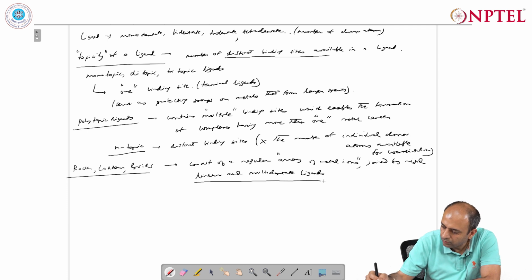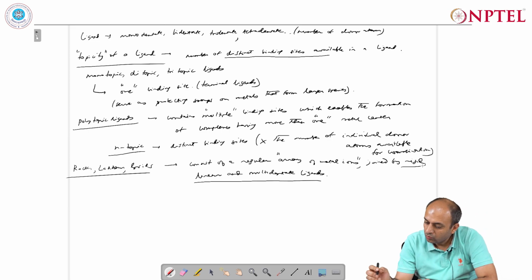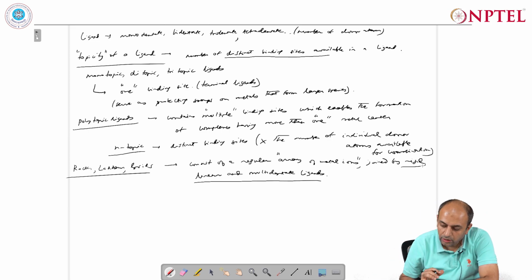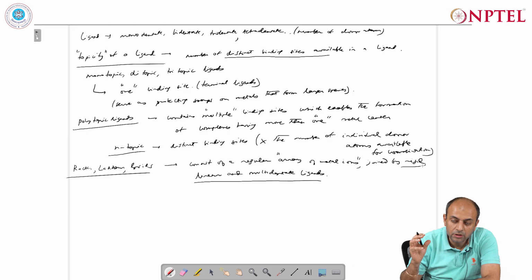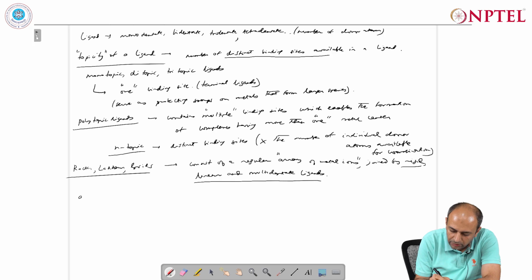So these are the construction blocks, the construction mode of formation of these racks, ladders and grids. Let us look at this process.